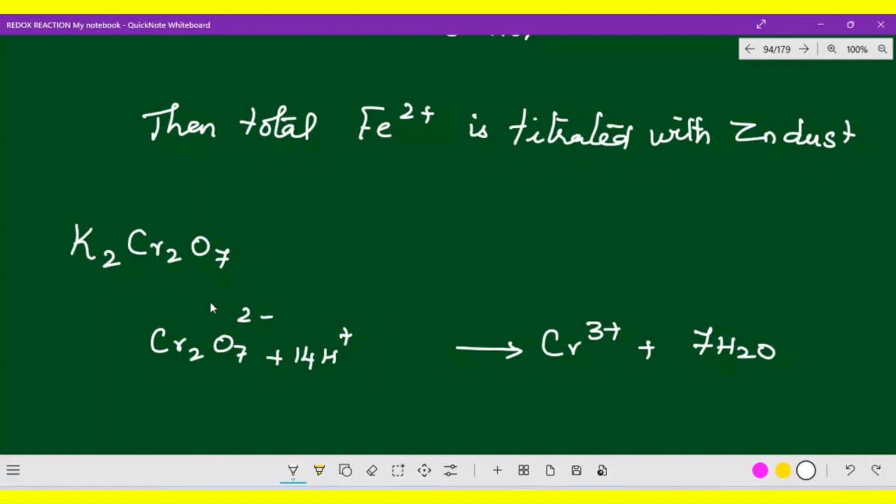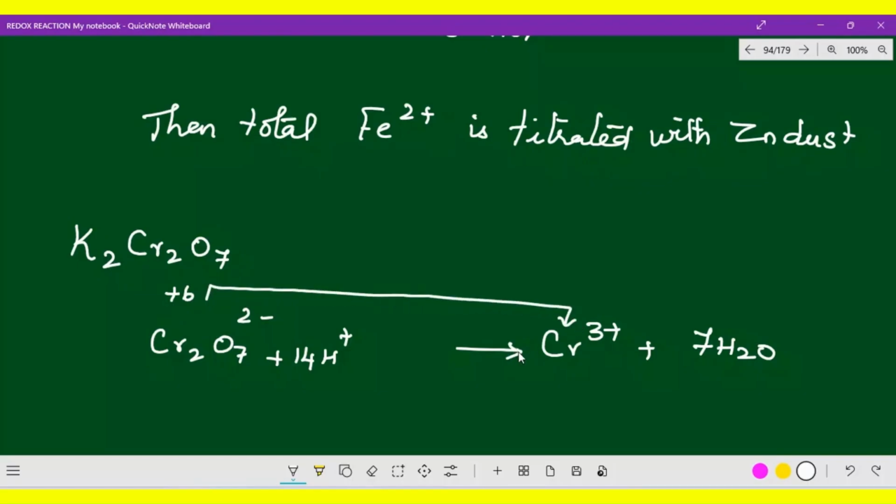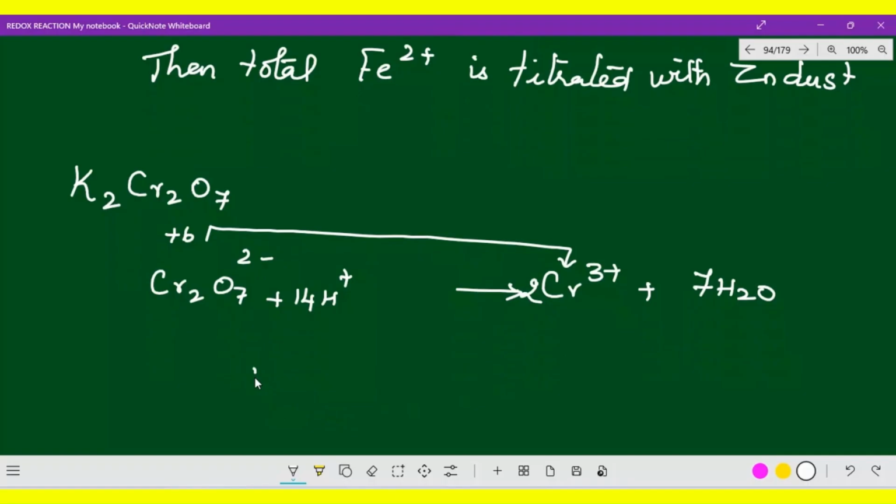And how many electrons are exchanged? Here Cr is +6, which is converted to +3. So for one chromium atom it is 3, and for 2 chromium atoms it is 6. So the n factor is 6 electrons.